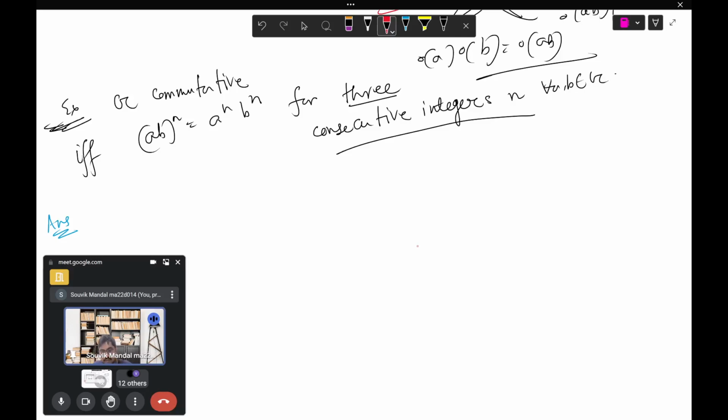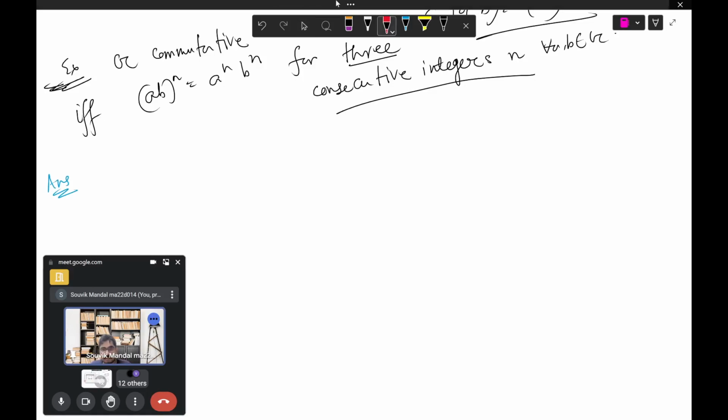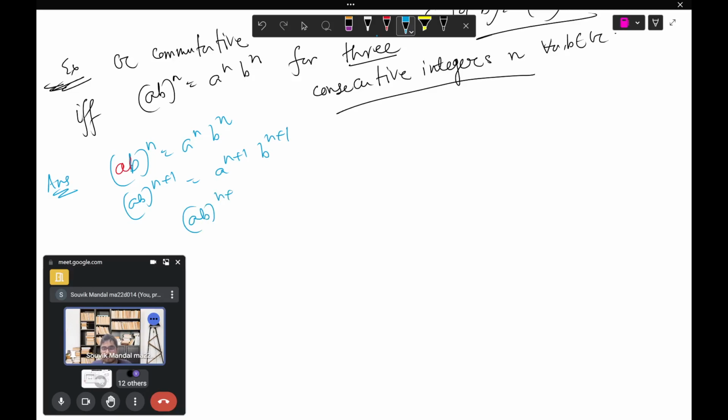So basically, this problem is quite tricky. Let me solve it. Since it is given that (ab)^n = a^n b^n, and for three consecutive integers, we assume (ab)^(n+1) = a^(n+1) b^(n+1) and (ab)^(n+2) = a^(n+2) b^(n+2). Call these equation 1, equation 2, equation 3.